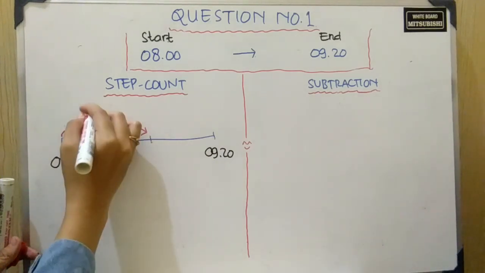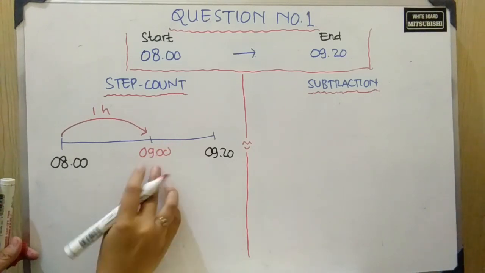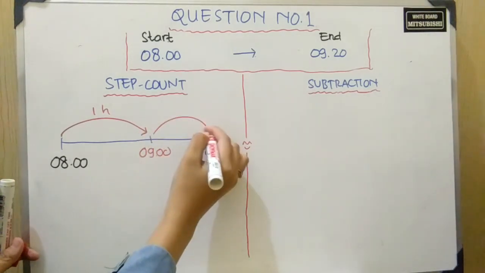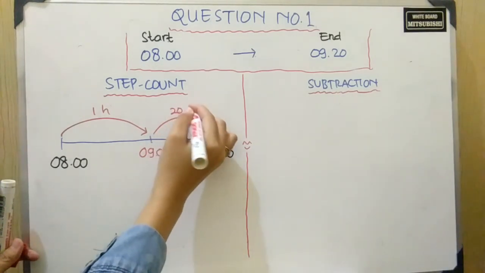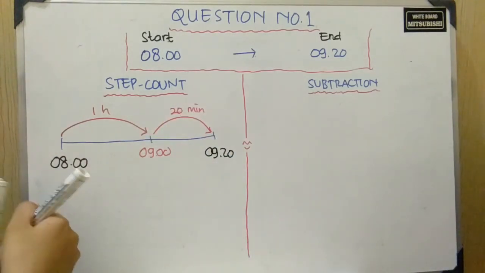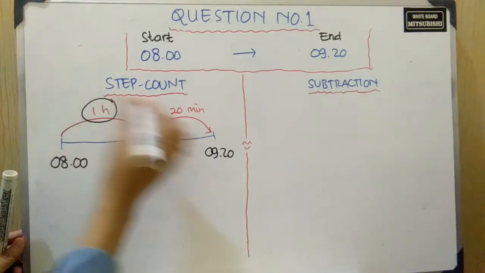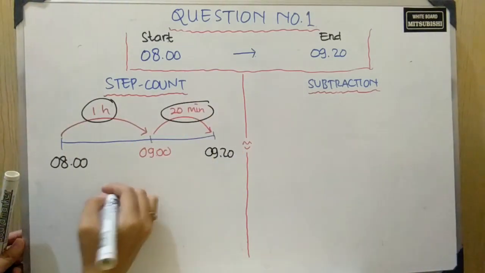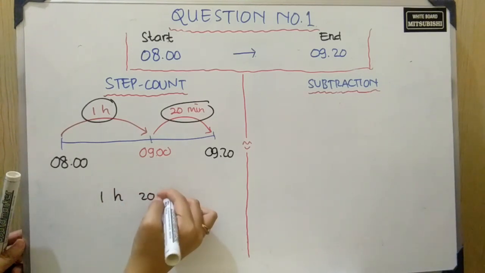So the next 1 hour is 9 o'clock. Then we count on in minutes. So from 9 to 9:20 is 20 minutes. So the time interval is 1 hour and 20 minutes. It means Kenza swam for 1 hour and 20 minutes.